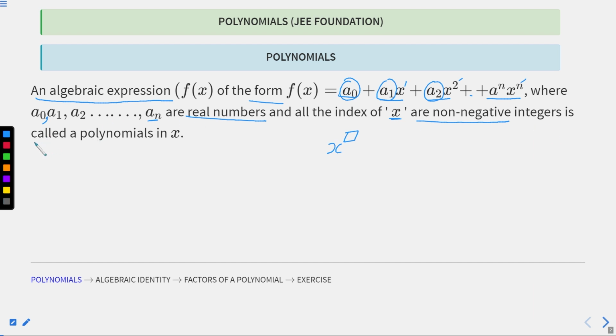Then we call such an expression a polynomial in x.